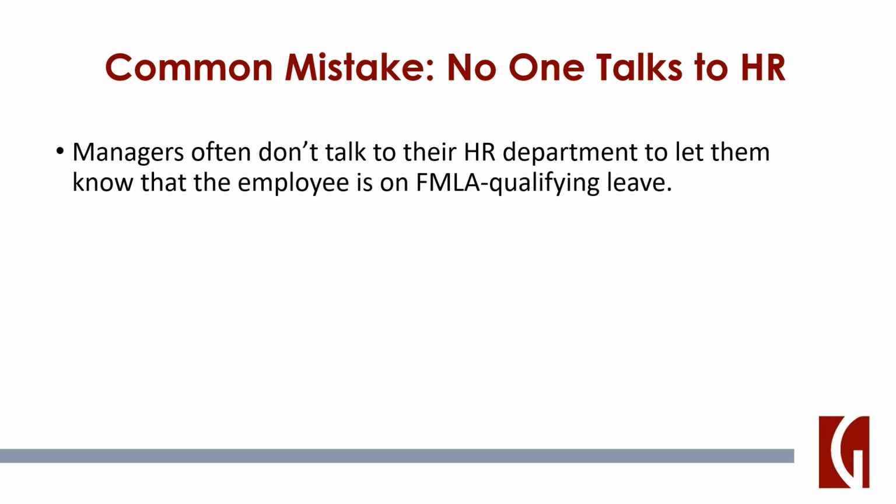And then the supervisor perhaps doesn't have the training or hasn't connected the dots to realize that the reason this employee is out on leave is for an FMLA qualifying reason. And then at that point it's too late, and some of the notice requirements and other forms that needed to have been filled out for the FMLA leave have not been done.